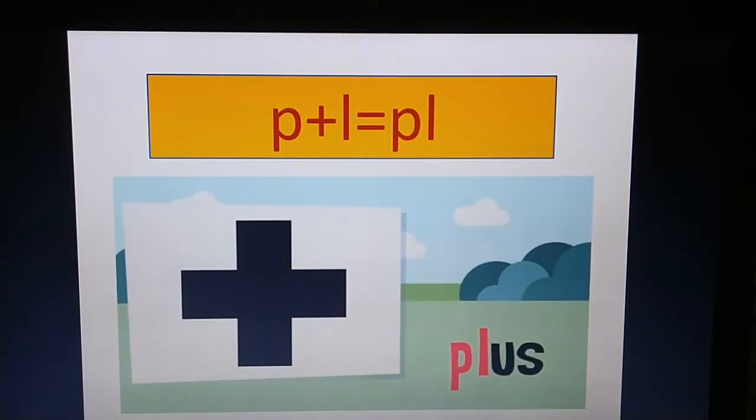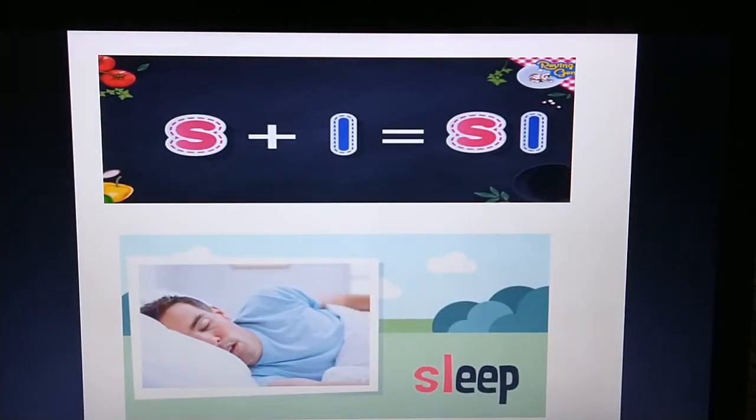PL, pla, us, plus, pla, us, plus. SL, sla, eep, sleep, sla, eep, sleep.